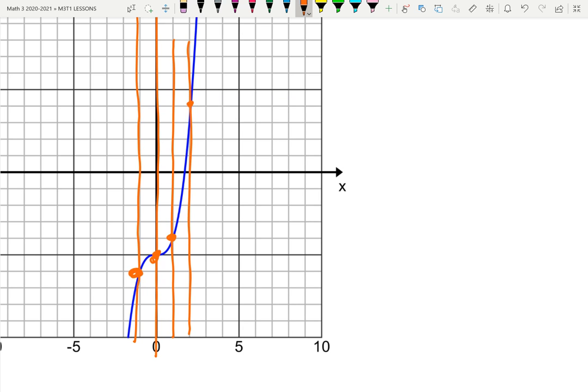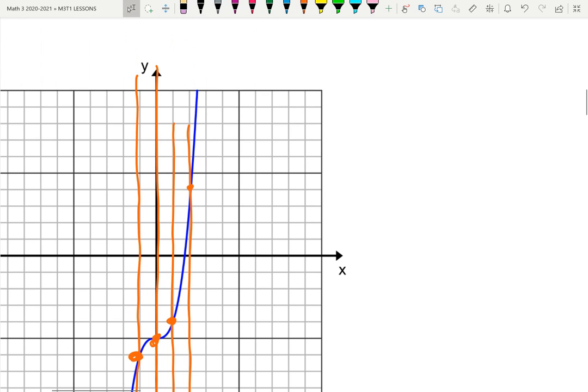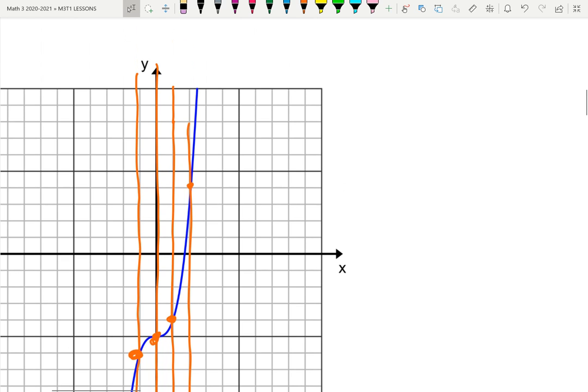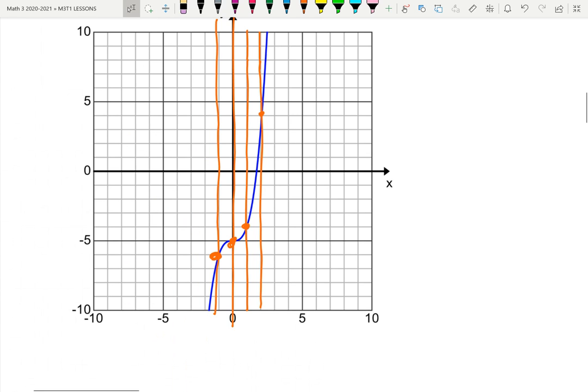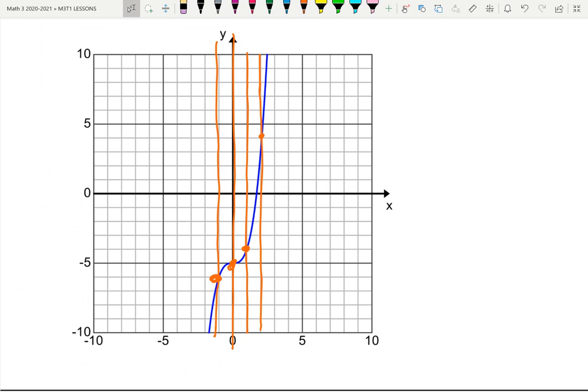A graph must pass the vertical line test in all instances. So that summary of what I've drawn out is essentially the process I go through mentally to determine if it passes the vertical line test. So it does. It passes the vertical line test. And then this implies the following. The graph is a function.